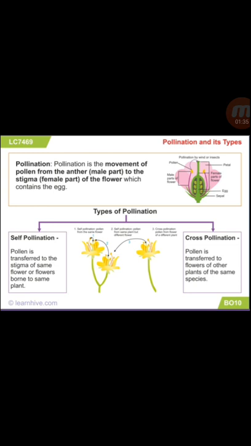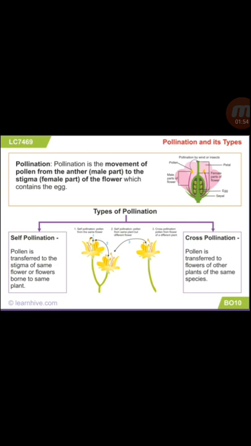Then how does sexual reproduction take place? It is with the help of pollination, and it is the movement of pollen from the anther to the stigma of the flower. There are two categories: self-pollination and cross-pollination.